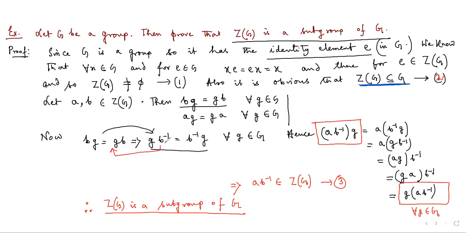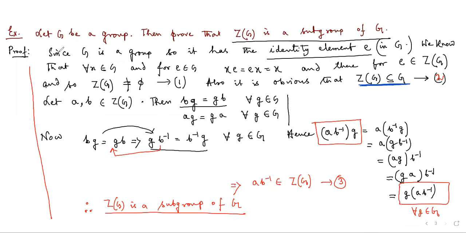In your copy you will find that this will come. You try to do it, and from these 3 points we can immediately get this result that the center of the group is a subgroup of itself.